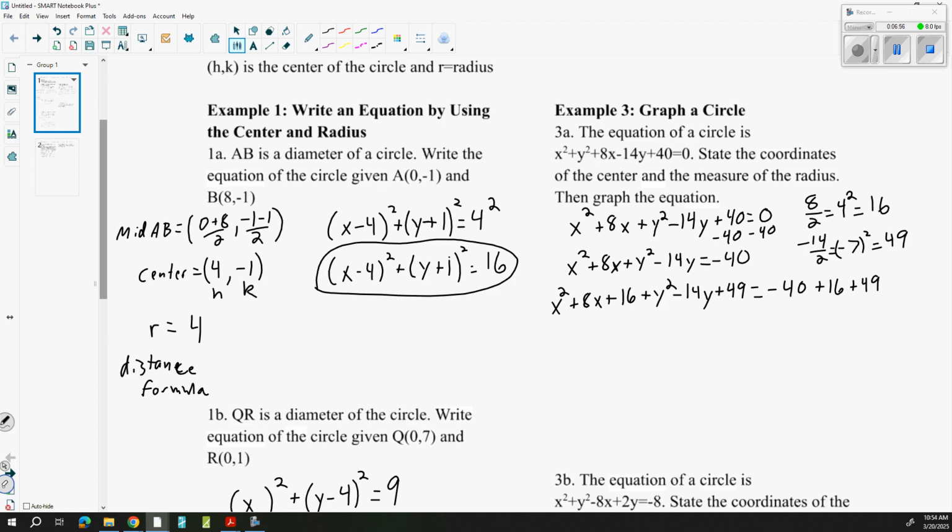And what it essentially becomes is x plus 4 squared plus y minus 7 squared equals 25. This number and this number came from right here.